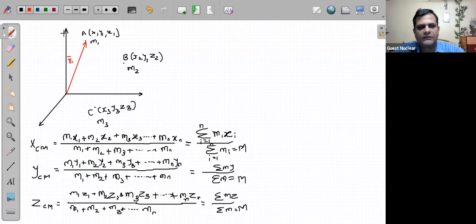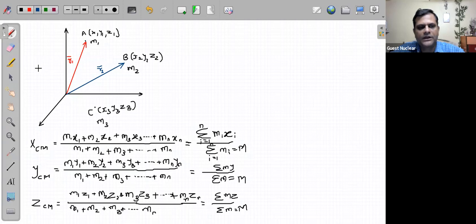And the second vector, you can draw it here, joining the point B here. So the vector joining B, we will call R2 bar. So we can draw the position vector of each of these particles which join the origin to that particular particle. So this is R2 bar, we can say.